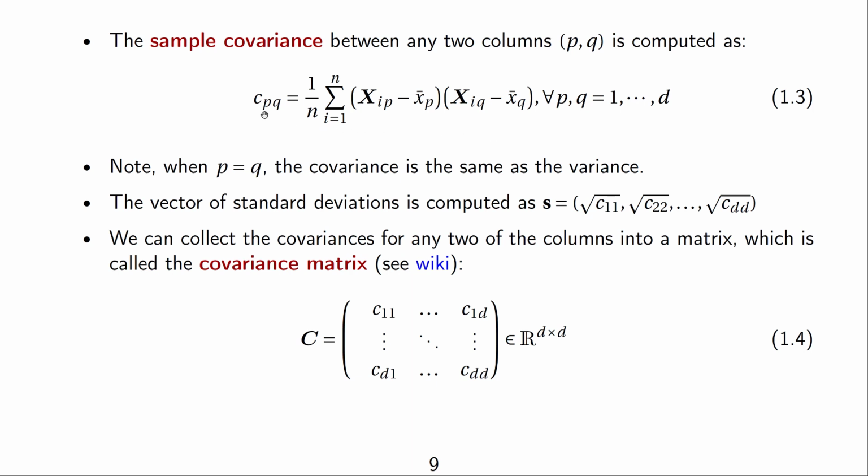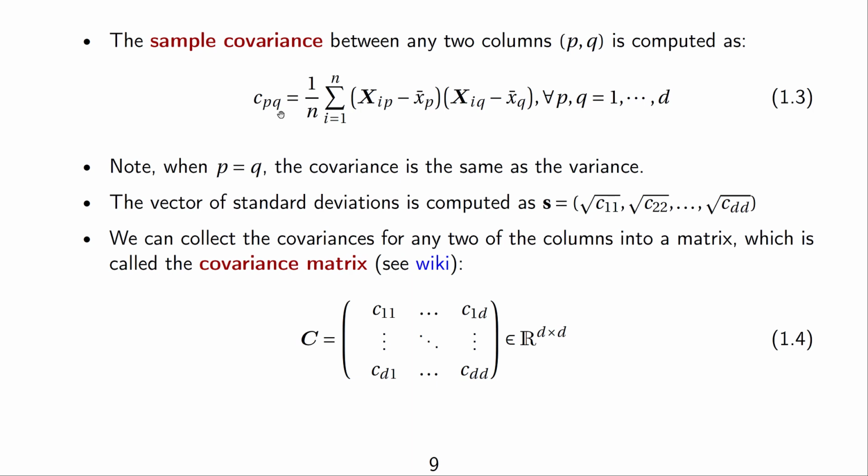And we have one such value for each pair of dimensions. So note that when we compute C of something where P equals Q, so C 7,7, then this is the variance of the seventh dimension, for example.